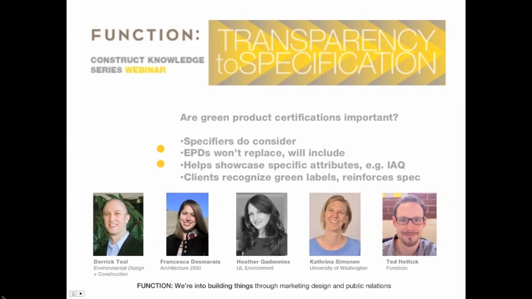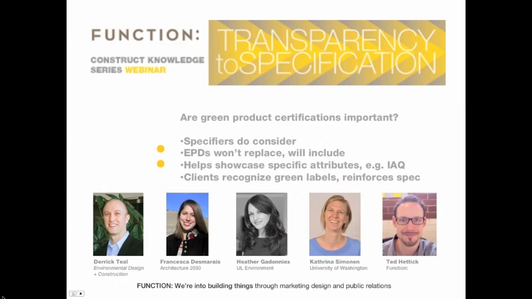Anyone else? Yeah, when an architect or a specifier is communicating with his or her client, I don't know that the client is necessarily going to be an expert in the industry. While they may have seen a few EPDs, they're not exactly easy to understand.